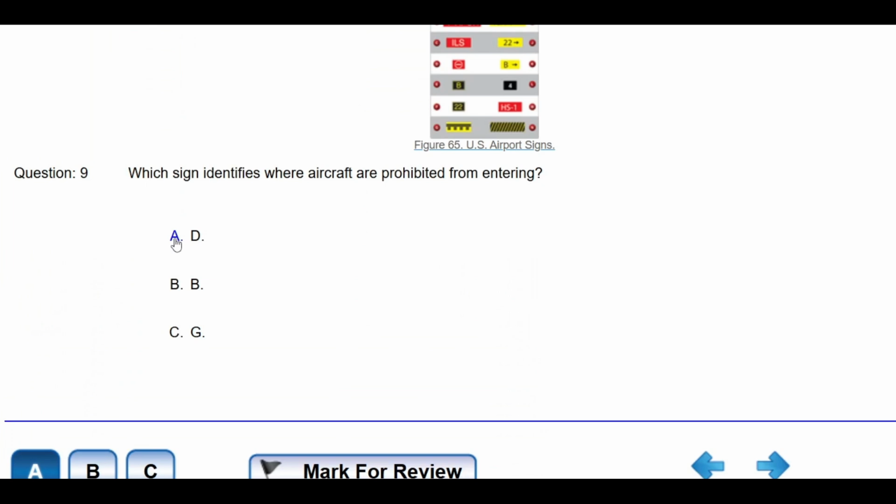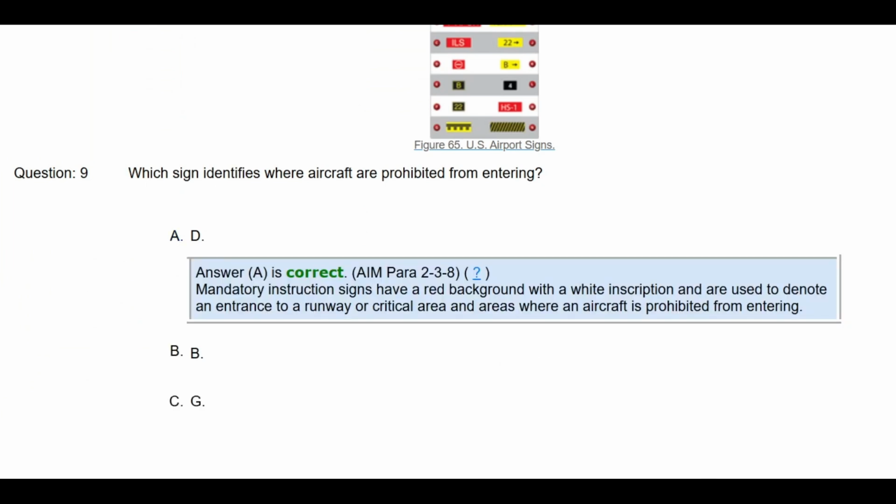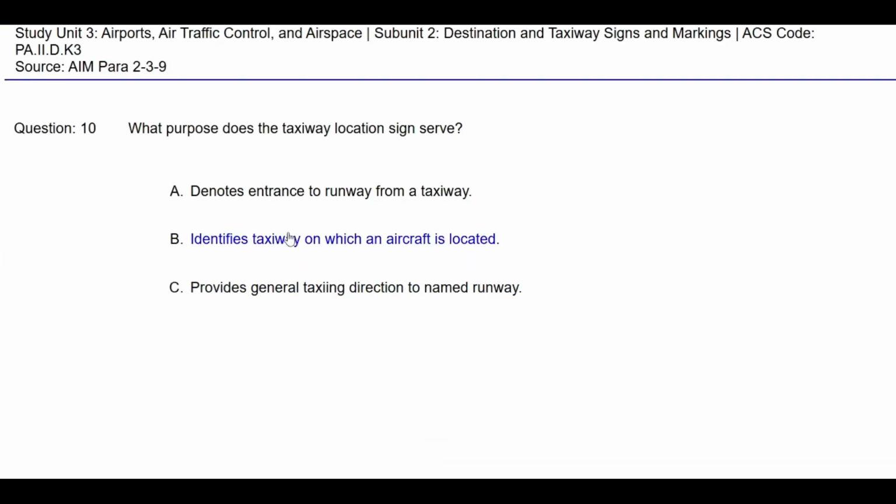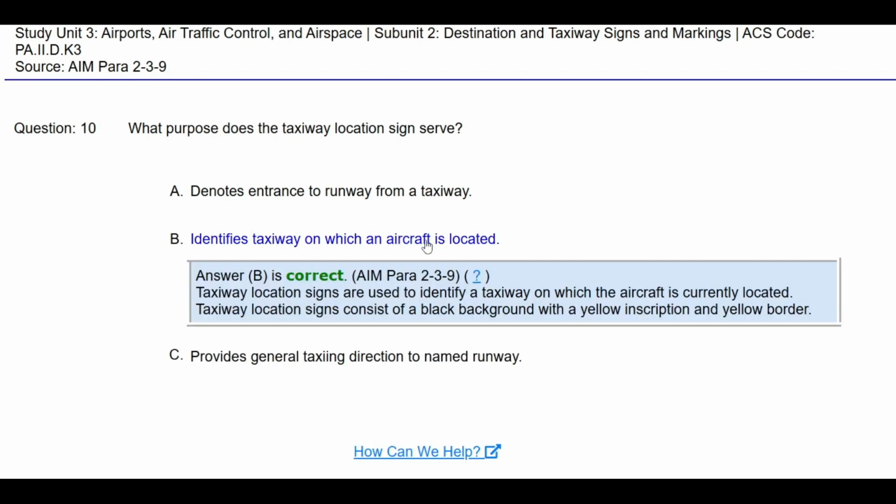The best answer is A, D. What does a taxiway location sign serve? A, denotes the entrance, no. B, identifies where the taxiway is located. Okay. C, provides general taxiway. So the best answer for this question would be B. It shows where you're located.